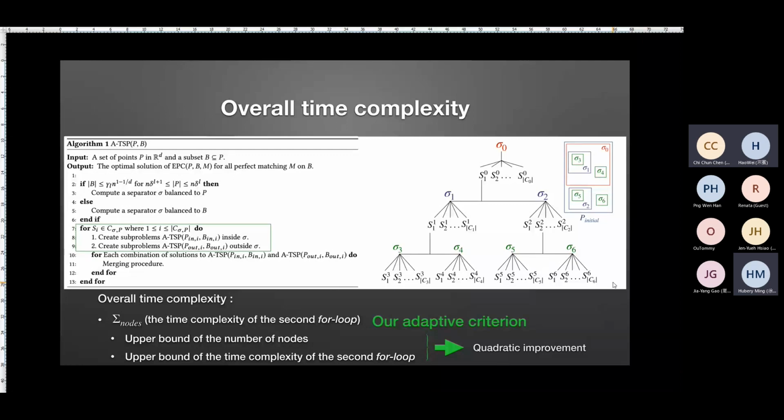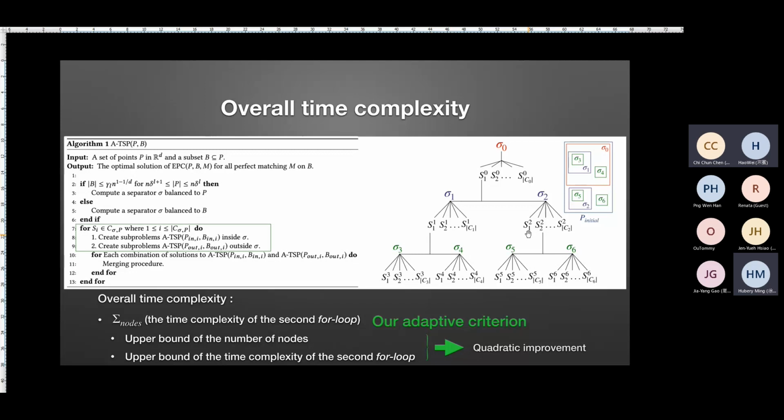And actually, the overall time complexity is the summation over all of the nodes of the time complexity of the second for loop, because for each node, we have to execute the second for loop. That means we have to do the merging procedure for each of the subproblems.